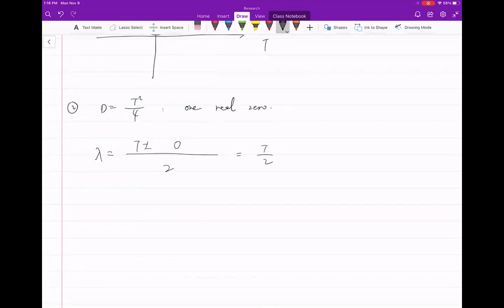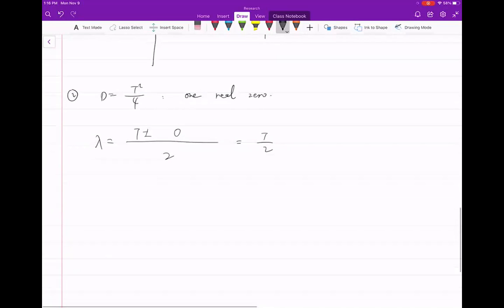Now what do we have for the repeated case? We have only two possible cases. The first one is this, which is a sink. The second one is this, which is a source.